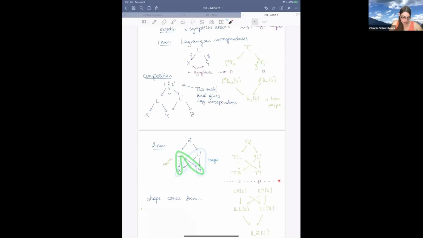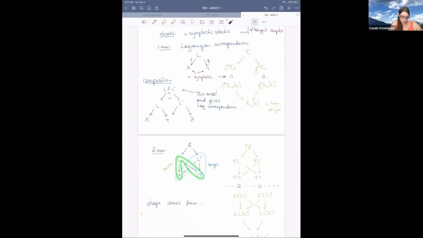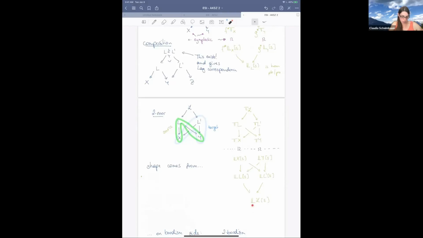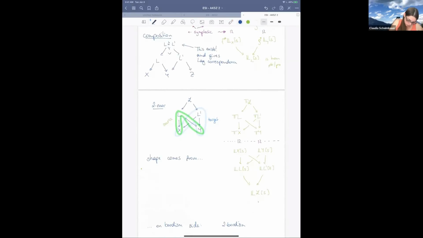So we have to do that again. Our X and Y have to be n-symplectic. Well, they're objects, so they are. That's good. And now at the bottom, we flip the diagram upside down and we get a big diagram. And so our condition is that this is a homotopy limit diagram.